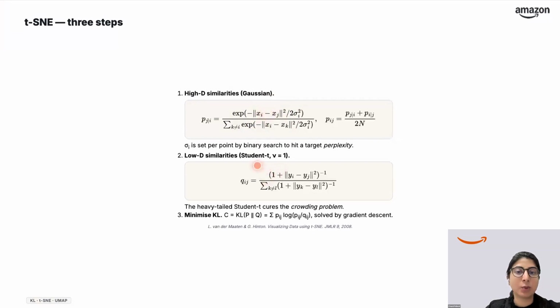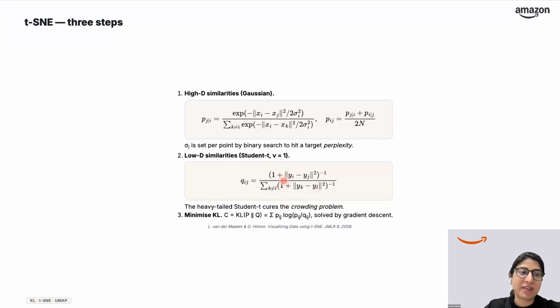Now we have the low dimensional similarity. We want to embed the points in 2D. For every pair yi and yj, we compute a Student t similarity. The reason is that 2D cannot hold as many neighbors as high dimensions, so the Student t distribution helps with its heavier tails than the Gaussian.